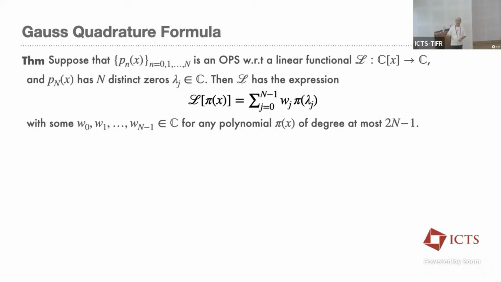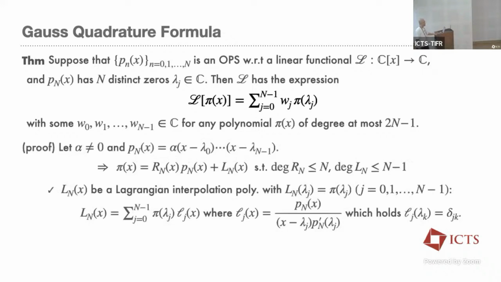W0, W1, and so on, these constants are related to the original P_m. And this is also easy to show. So let's factorize this characteristic polynomial P_N like this. And pi(x) is a polynomial of degree at most 2N minus 1.